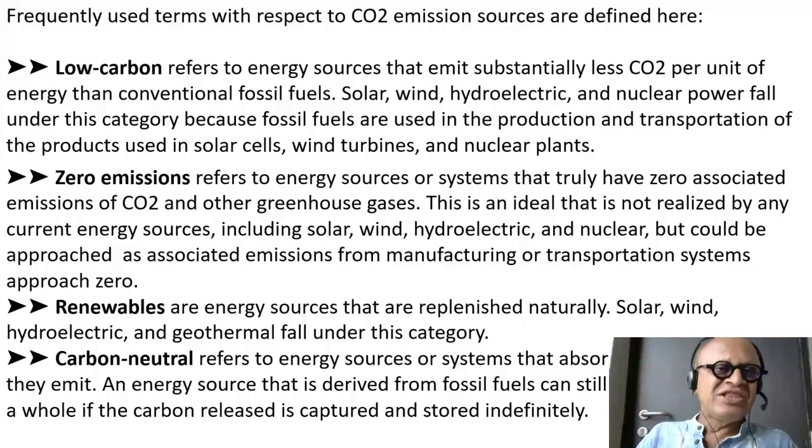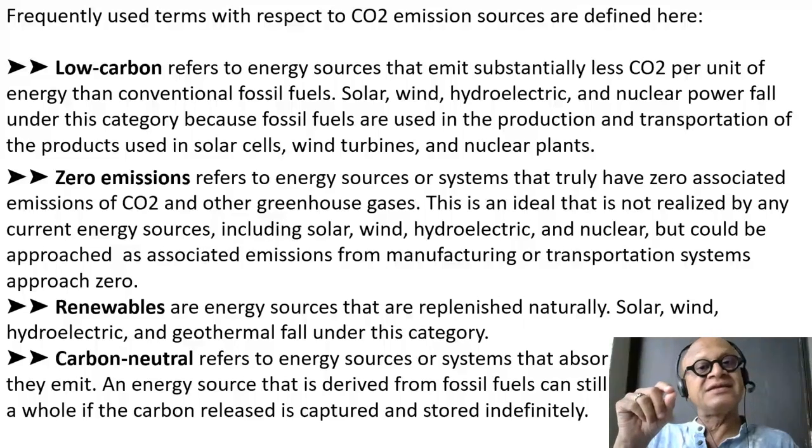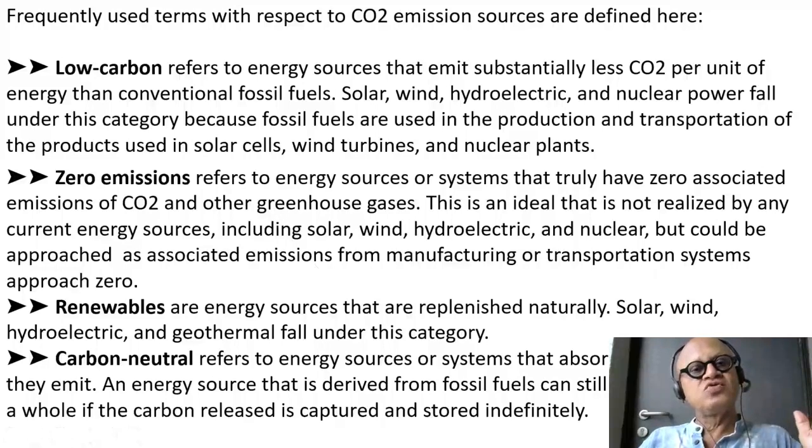So you take an end-to-end analysis of everything in terms of the carbon footprint associated, and then you determine whether that's carbon neutral or zero carbon and so on. So right now these low carbon sources can head towards zero carbon if we begin to reduce the associated carbon footprints involved in the manufacturing and transportation of these energy sources.